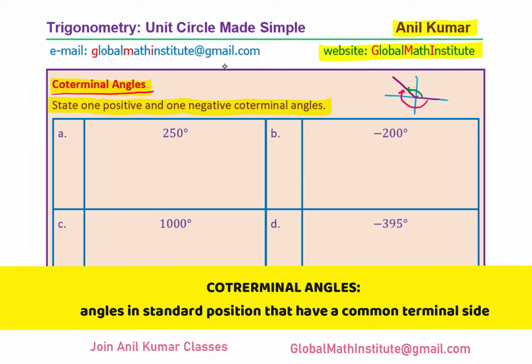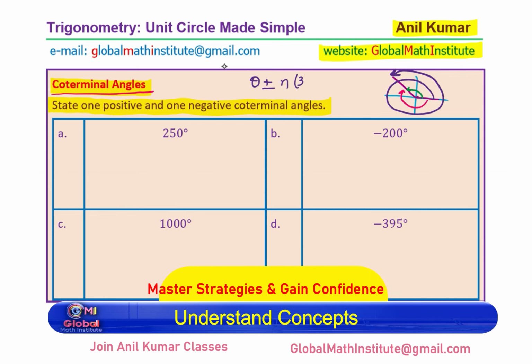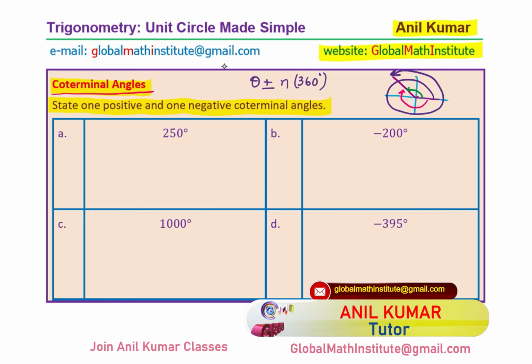Also, we could go around one circle and then terminate. So you can go any number of circles around it. That is to say, to theta we could add plus or minus n times 360 degrees, right? When you do that, you come back to the same point on the terminal side of the angle. So you need to add or subtract 360 degrees to get to the next coterminal angle.